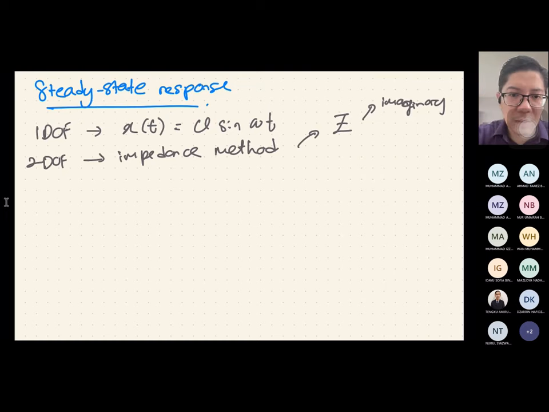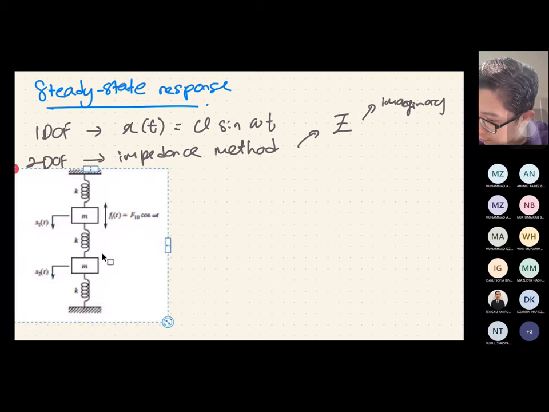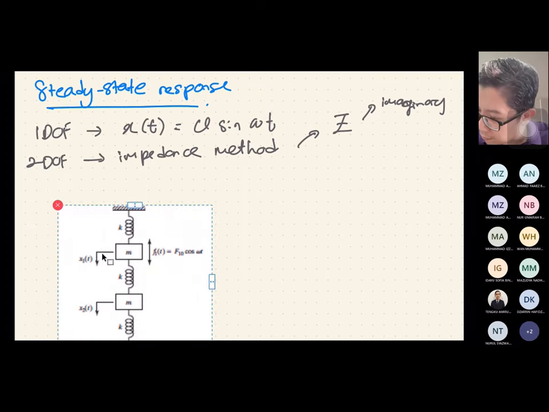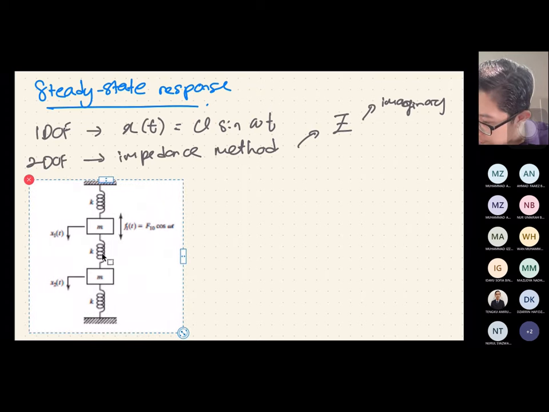Now, if we take one example, just a snapshot. It's not very clear.